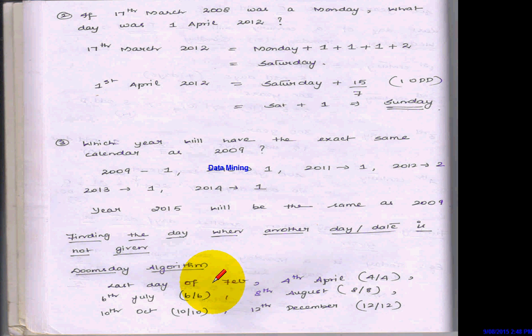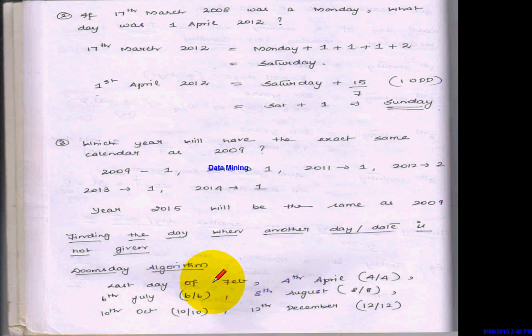Clear? Next, if 17th March 2008 was a Monday, what day was 1st April 2012? Remember, while you look at the question, look at the year. If they belong to the same year, straight away you calculate the odd days for each individual month, and from that we can solve the problem.